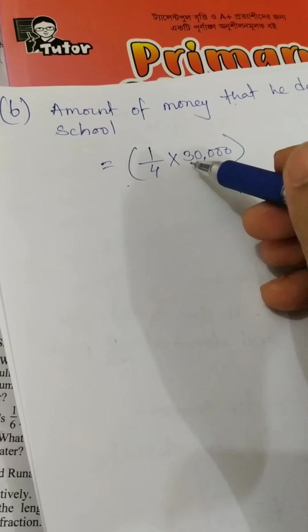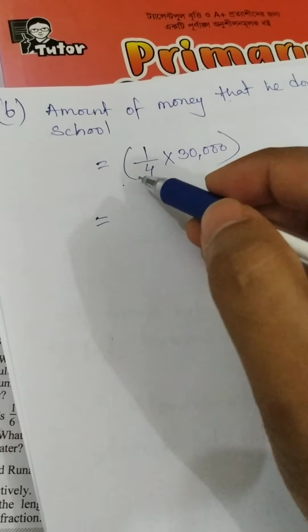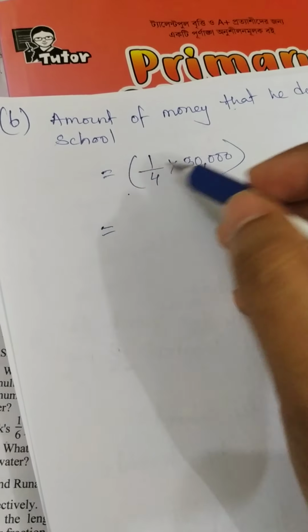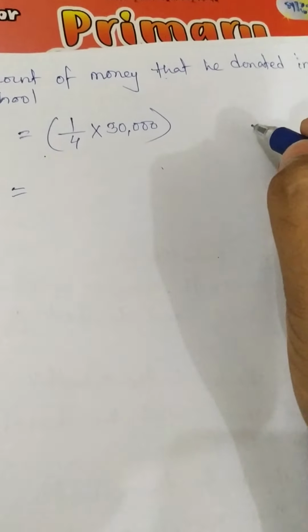So we just need to divide 30,000. We need to reduce this. We can do it either way. Just divide 30,000 by 4.